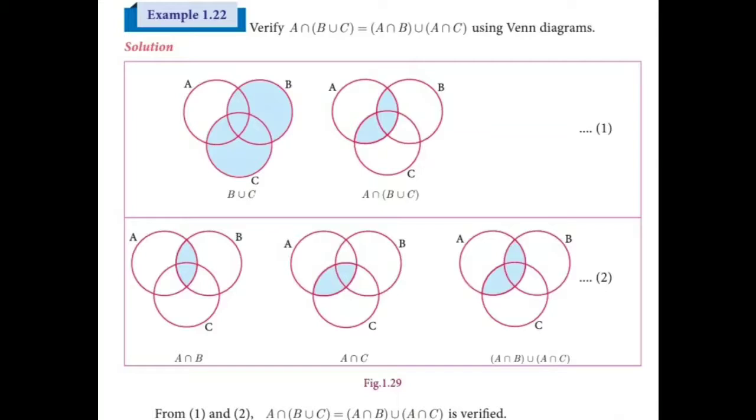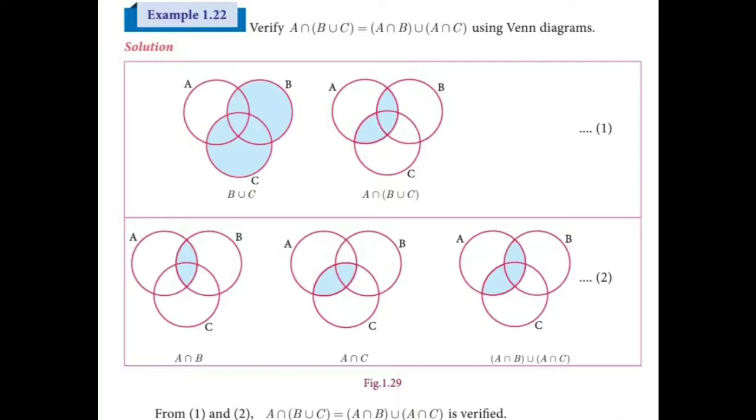Then right hand side, (A intersection B) union (A intersection C). First, A intersection B means the common part of A and B, shown in the figure.